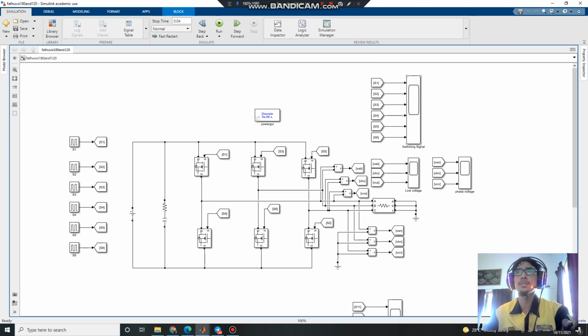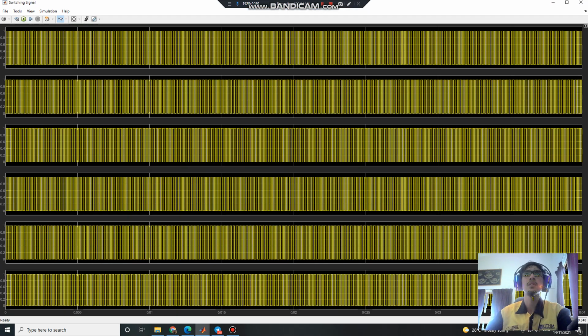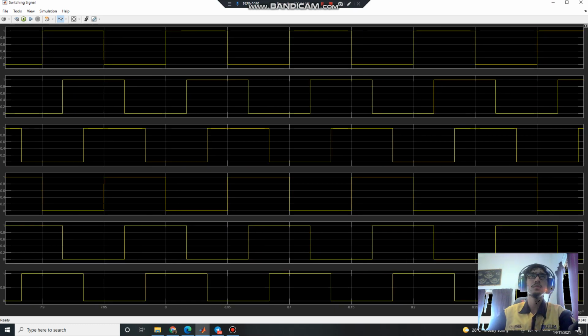We contain three types of scope. The first one is the switching signals, which show the results for S1, S2, S3, S4, S5, S6, and this waveform shows the steps.